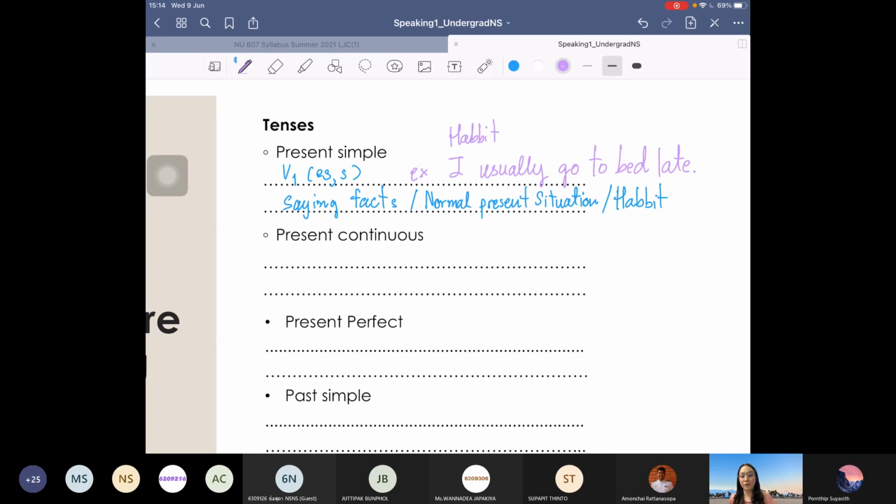Or for example, if a river is located in Thailand, like the Chao Phraya River, it flows from the northern part of the country to the southern part of the country, right? So if you say a fact, or you say your habit, you use present simple.